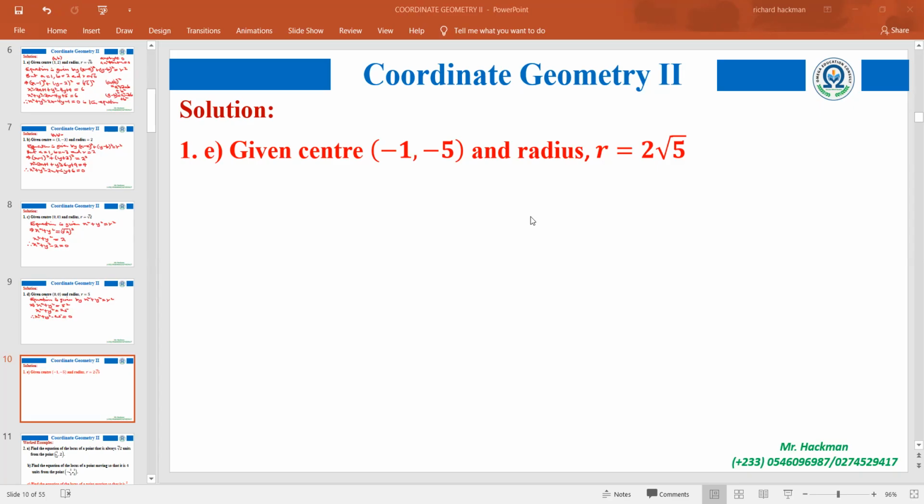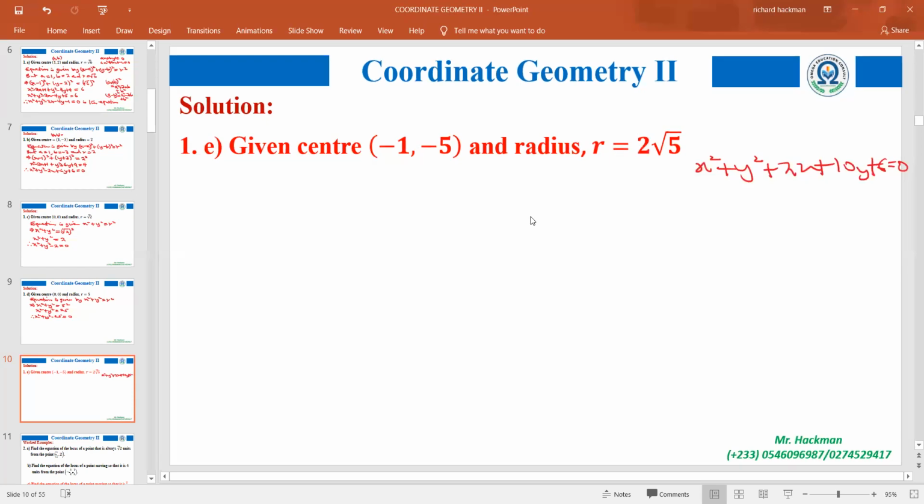I had x squared plus y squared plus 2x plus 10y plus 6 is equal to 0. Did you get anything different, the rest of you? No. Who had a different result?